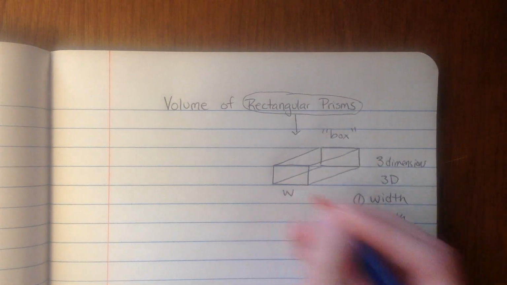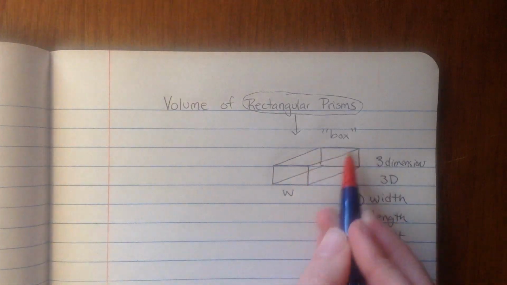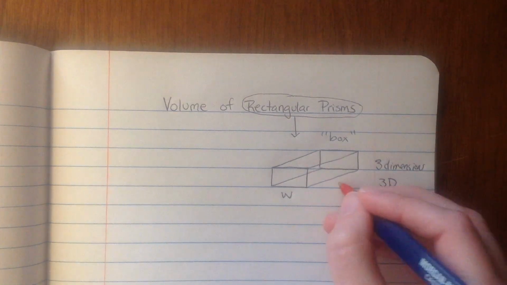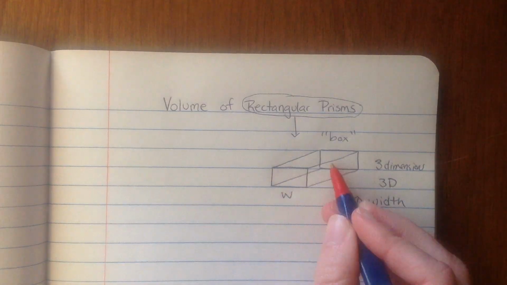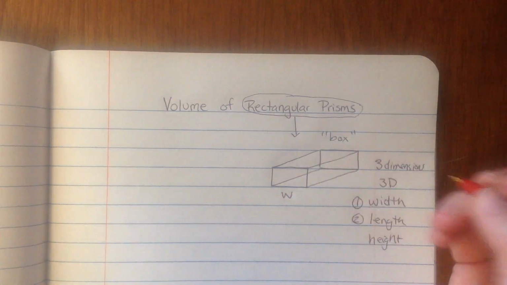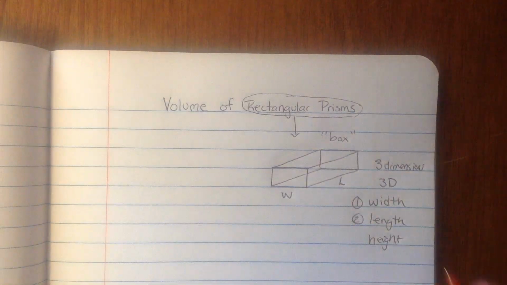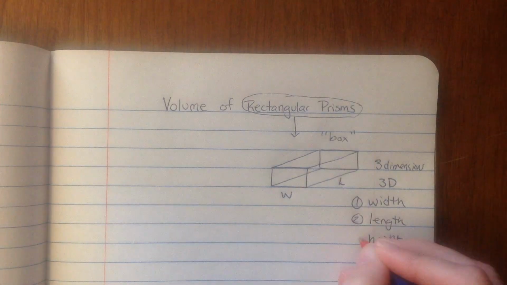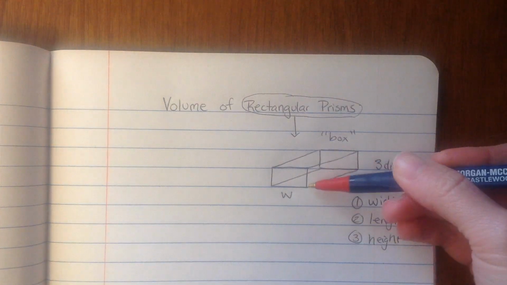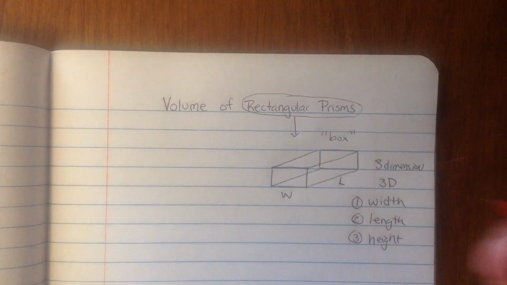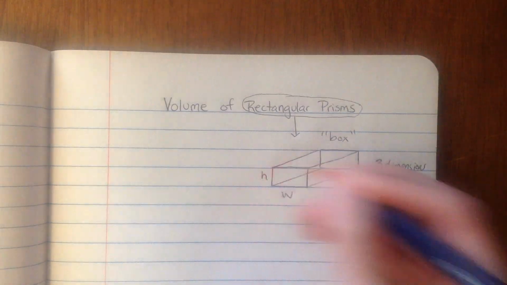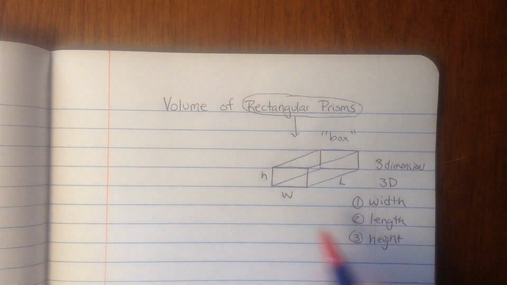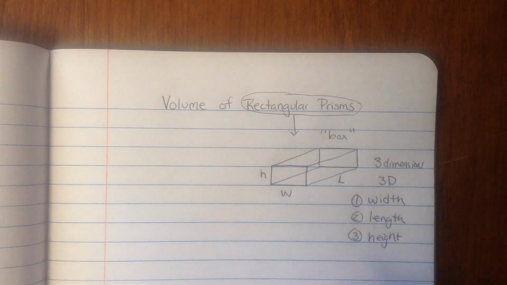So we might say that this is W, the width across the box. The length is the second dimension. And so the length might be this measurement that kind of goes backwards here. I'm going to write a capital L because, again, a lowercase l kind of looks like a 1. So the length, and then the height, which is just how far the box goes from the bottom to the top. And so we're going to call this measurement h, the height. So that's why we call this a 3D figure. It's got 3 dimensions: length, width, and height.